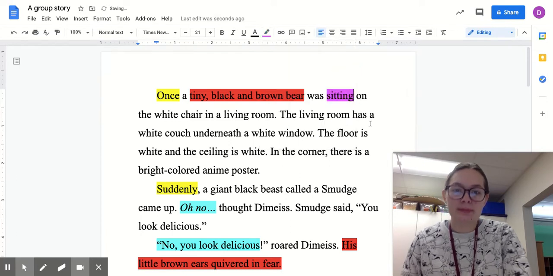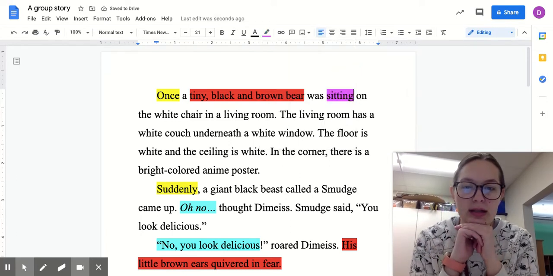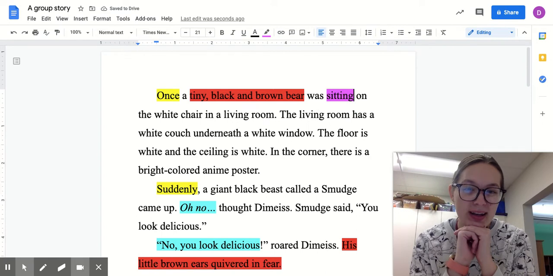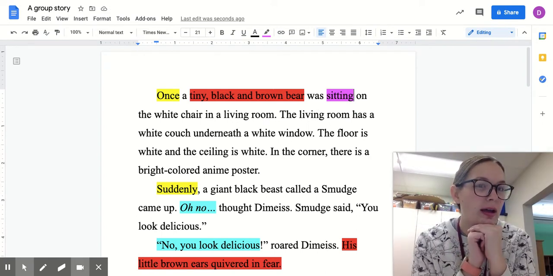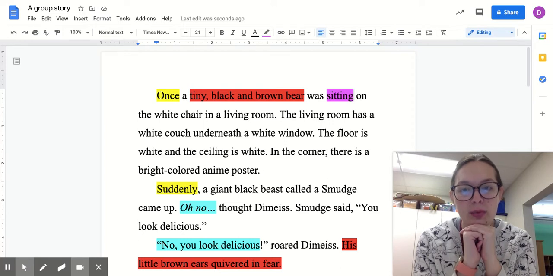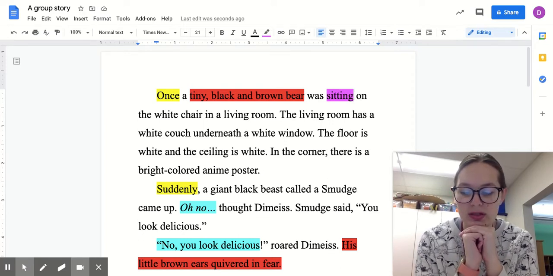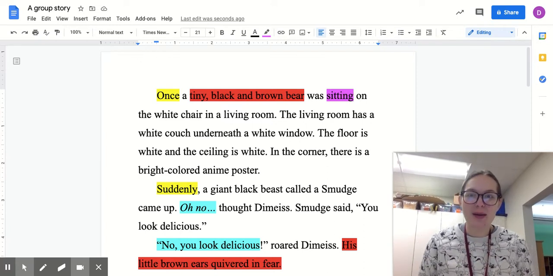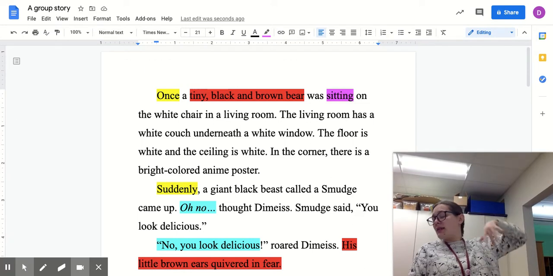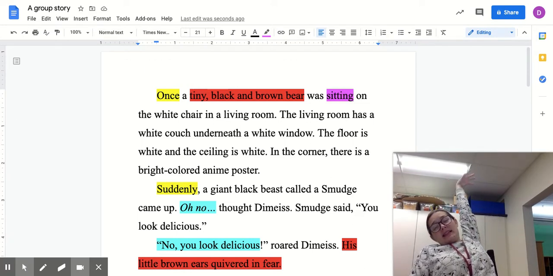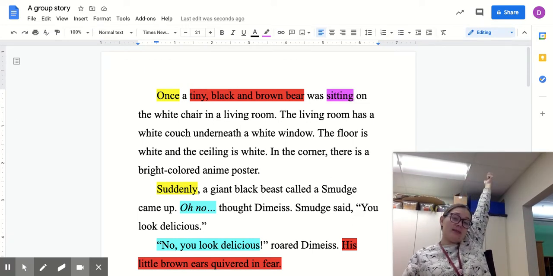And now I'm going to think. Instead of sitting, how can I use a really interesting word to describe what this tiny black and brown bear was doing? A word instead of sitting that's maybe more interesting. I'm thinking of a vocab word that means to kind of like relax and sit back.